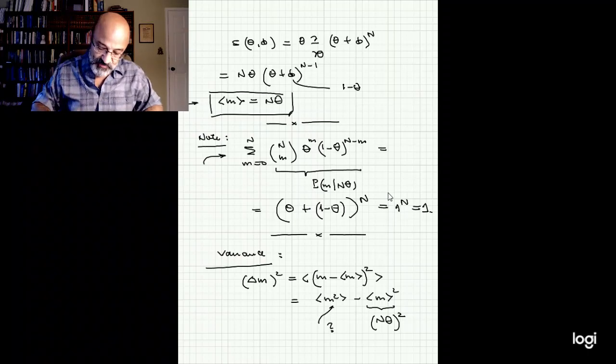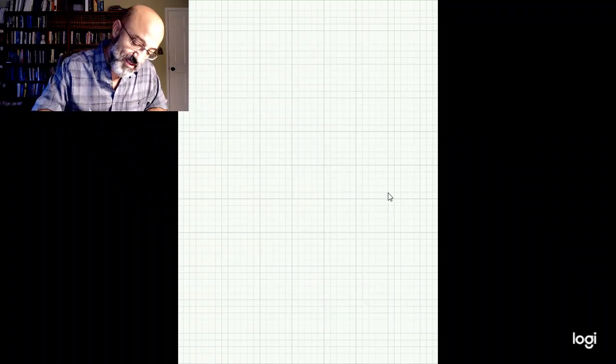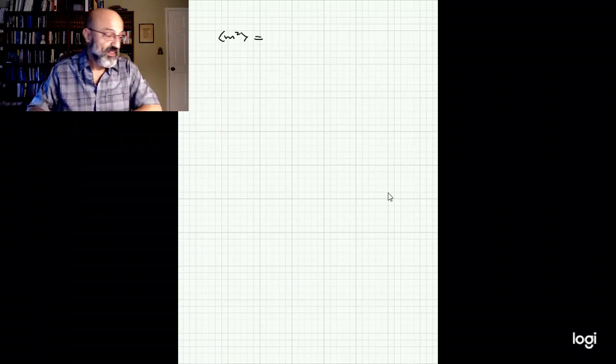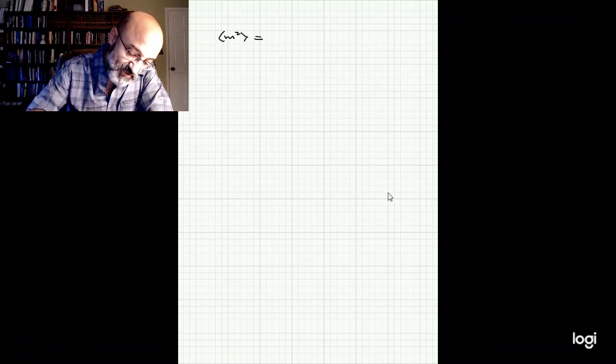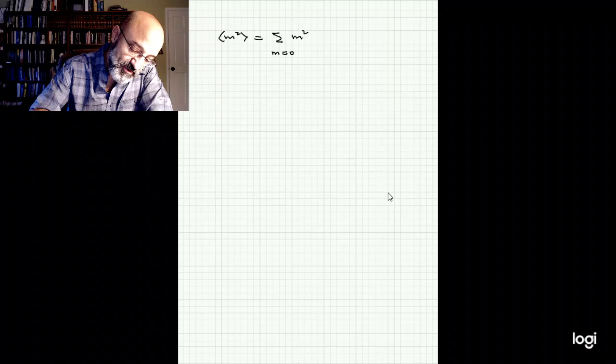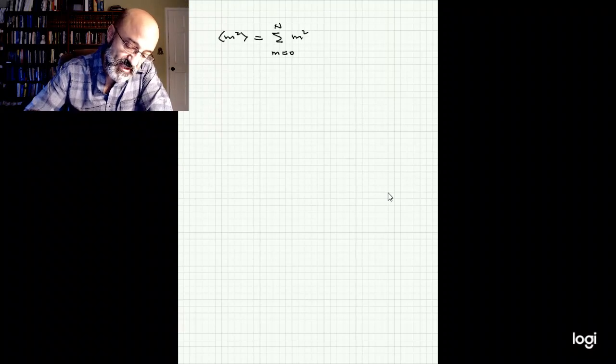Now what we have to do is compute the other term. To compute that one, we're going to use the same trick. We want the average, so we sum over all m of m squared multiplied by the probability.